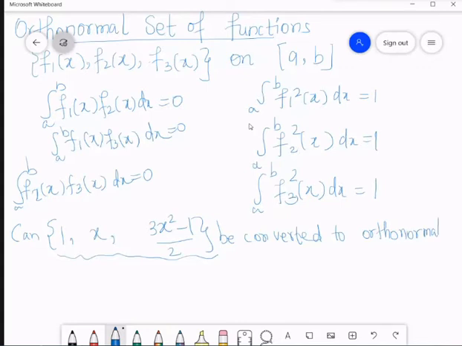This is definitely not orthonormal, because we have already calculated these norms and none of them were equal to 1. We want all of them to be compulsorily 1. So this is not orthonormal, but can it be converted to an orthonormal set? This is the question that we are going to answer here.